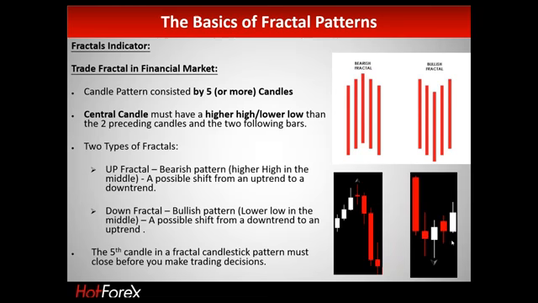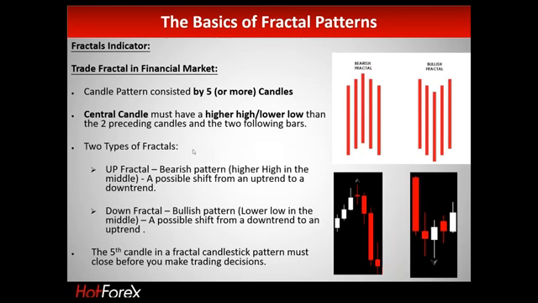So in order for a fractal to be formed, we need the middle candle to have the highest high or the lowest low. So we have two types of fractals: a bearish fractal and a bullish fractal.